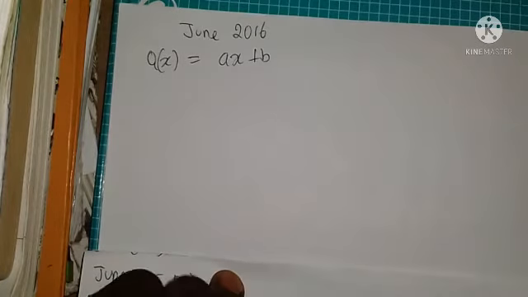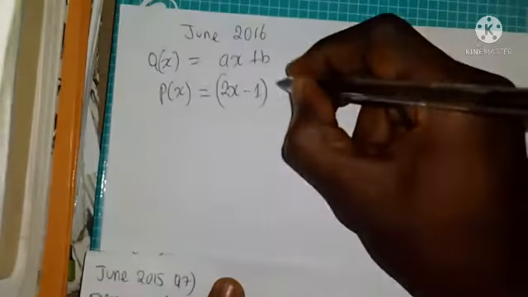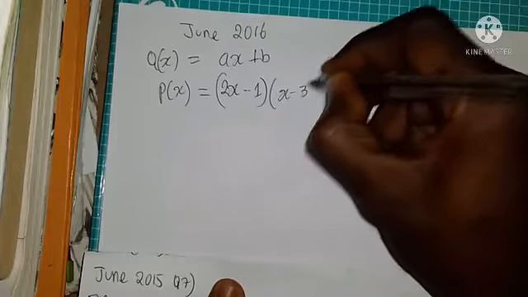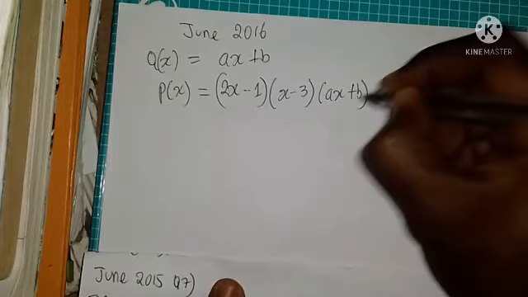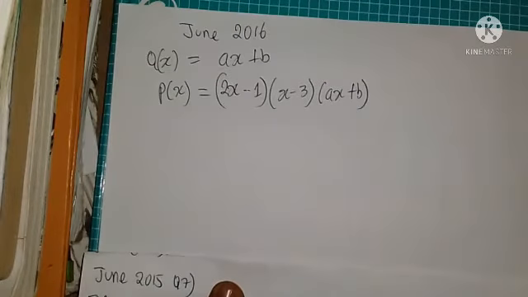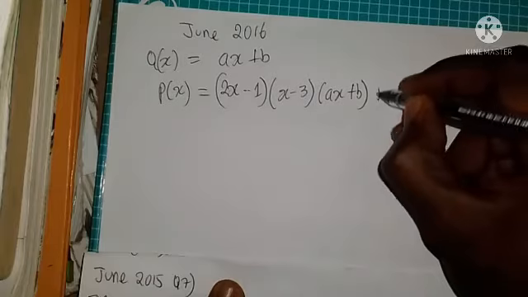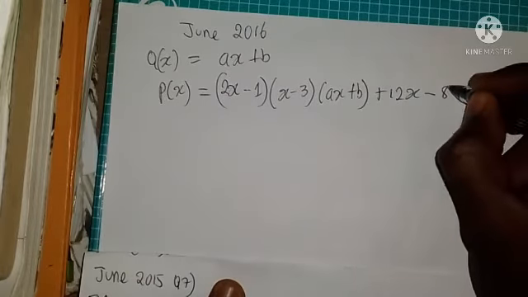So this implies that p of x is equal to 2x minus 1, x minus 3, ax plus b. You see, already this is giving us an order of 3, a polynomial of third order, plus 12x minus 8.